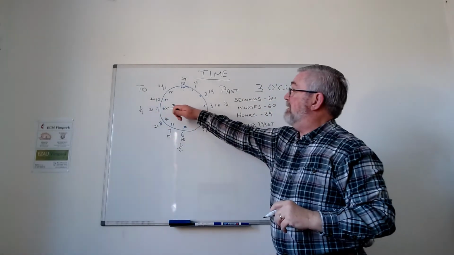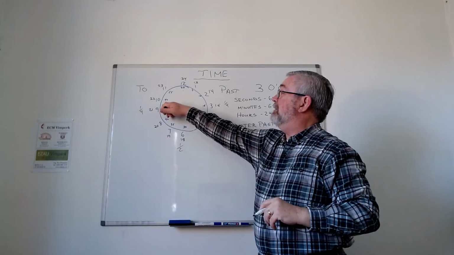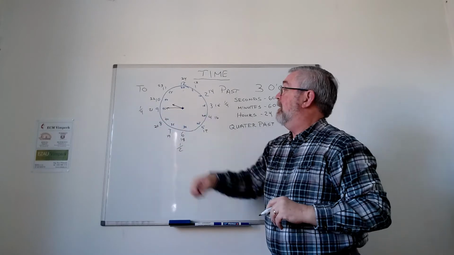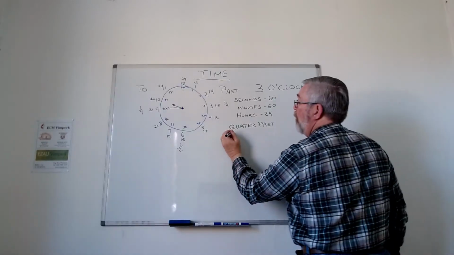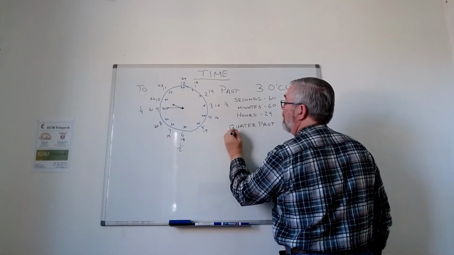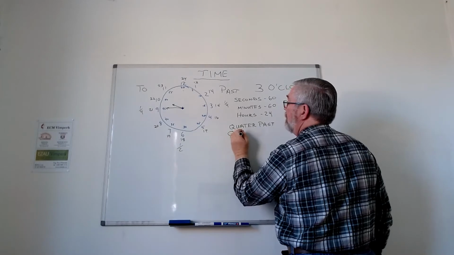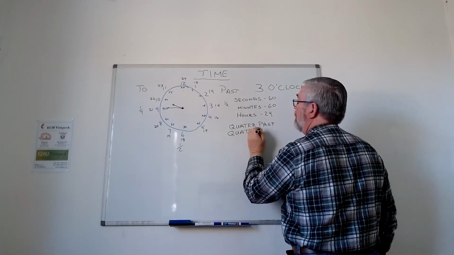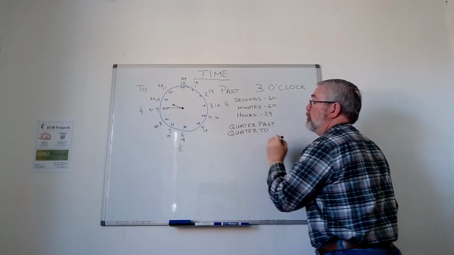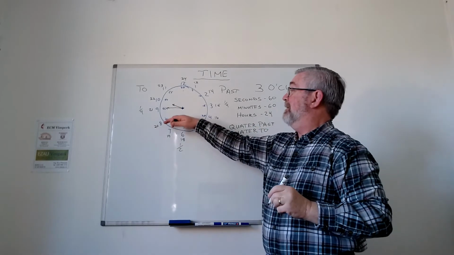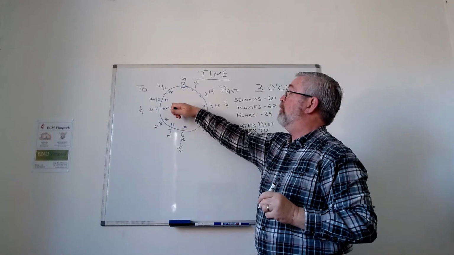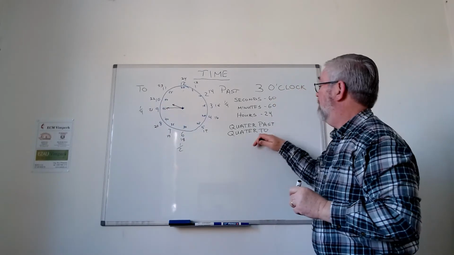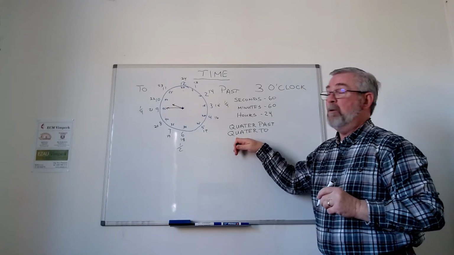The small hand is almost at the 10. The big hand is at the 9. We would say 1/4 to 10. So this would be 1/4 to 10. That is how we would refer to it.